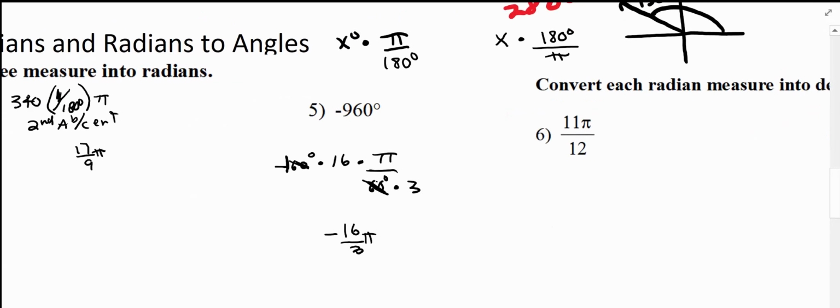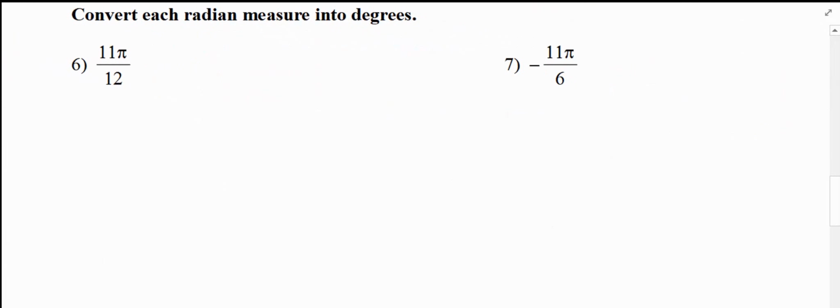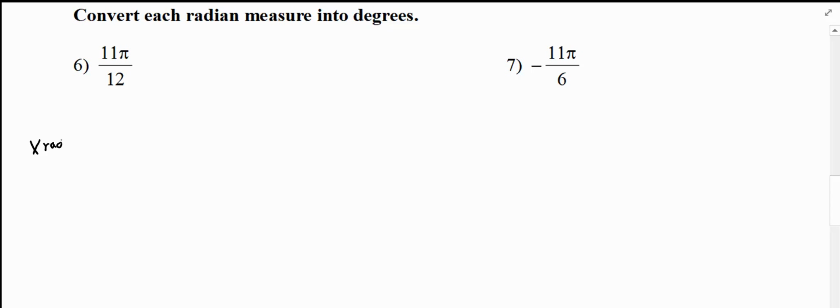All right, now we're going to switch and we're going to convert radians into degrees. So if you have radians, you're going to multiply it by 180 over pi. So we're going to take this and we're going to multiply it by 180 over pi. Well, right away, the pi's cancel, and that's going to leave you with degrees.